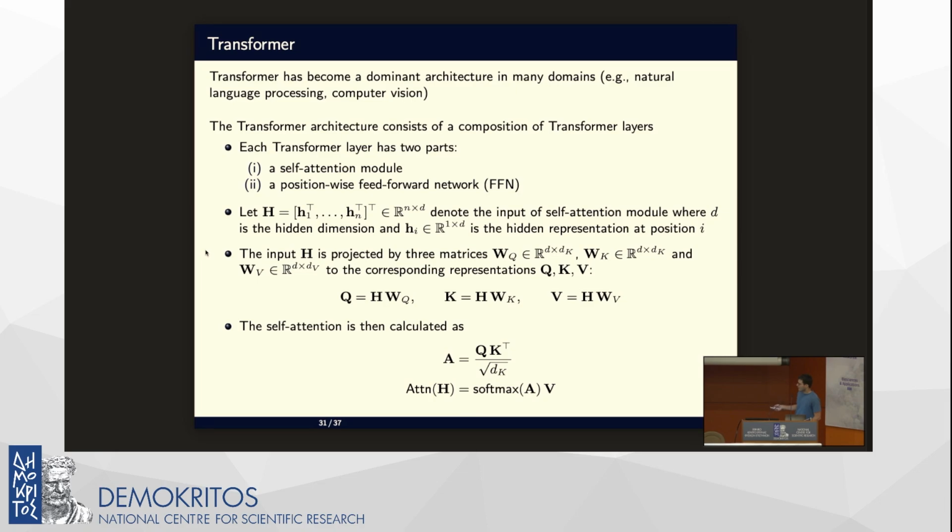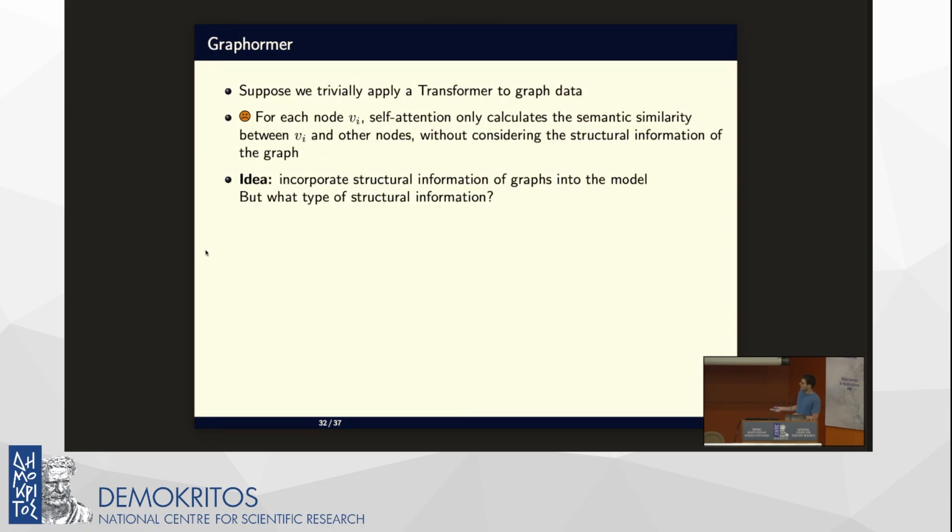But in the case of graphs, one problem that we have is that the vanilla transformer does not take into account the structure of the graph. So if we just use a transformer, we lose the information about the connectivity of the graph and of other structural properties of the nodes. Some recent works have proposed models that modify the vanilla transformer and take those properties into account.